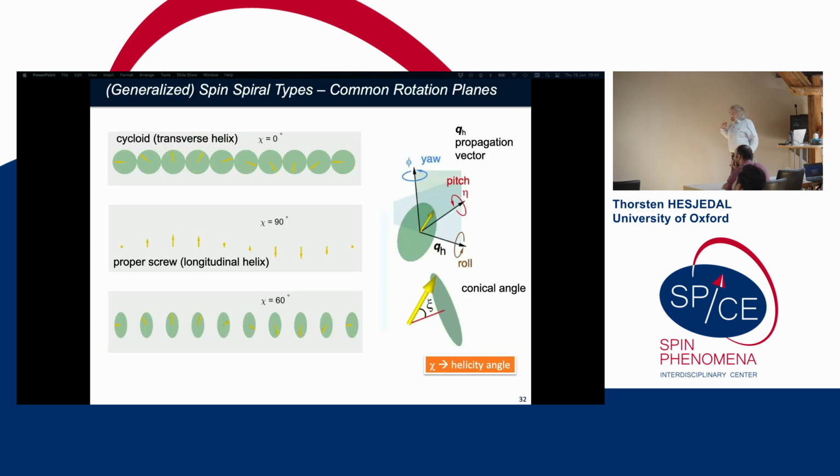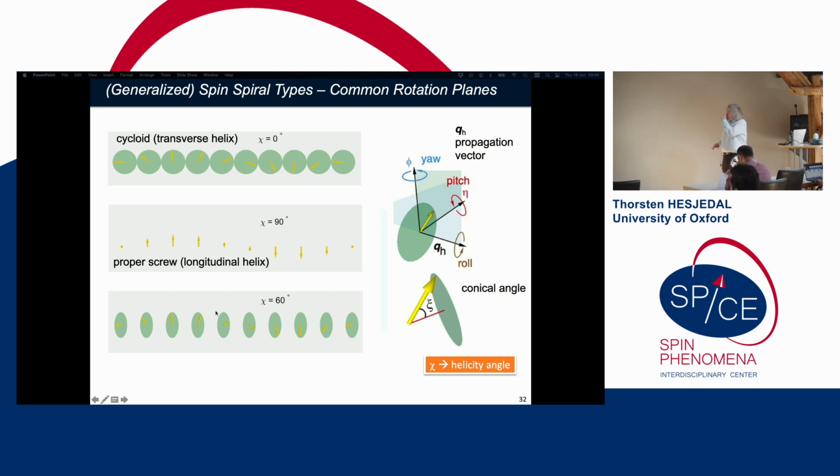And as I mentioned on the first slide, if you think about the triple-Q model, you can think about Skyrmions first of all as general types of spin spirals, okay? And so the question is, how can you characterize these spin spirals? Top left is an example of a transverse helix or cycloid. This is a proper screw.